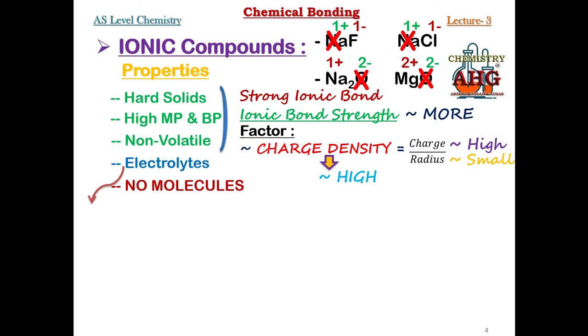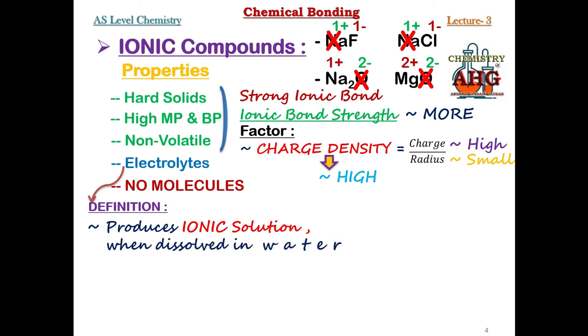Any chemical substance that can produce ionic solution when dissolved in water. One piece of information you must write down: any substance that can produce ionic solution is an electrolyte. And the second condition, that ionic solution must be able to show conduction.